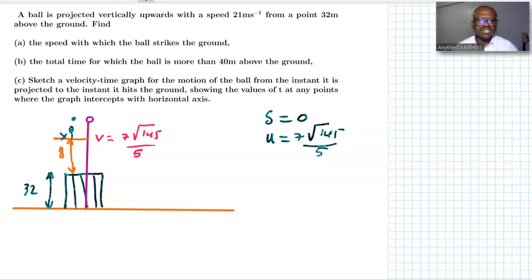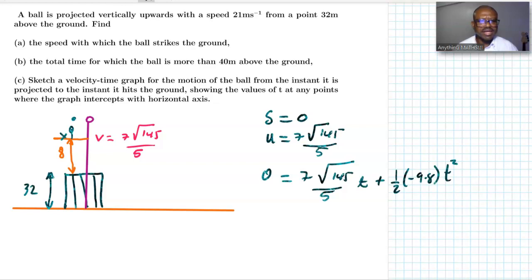And as a result, we can use the formula: 0 equals 7 root 145 over 5 t minus half of 9.8 t squared.